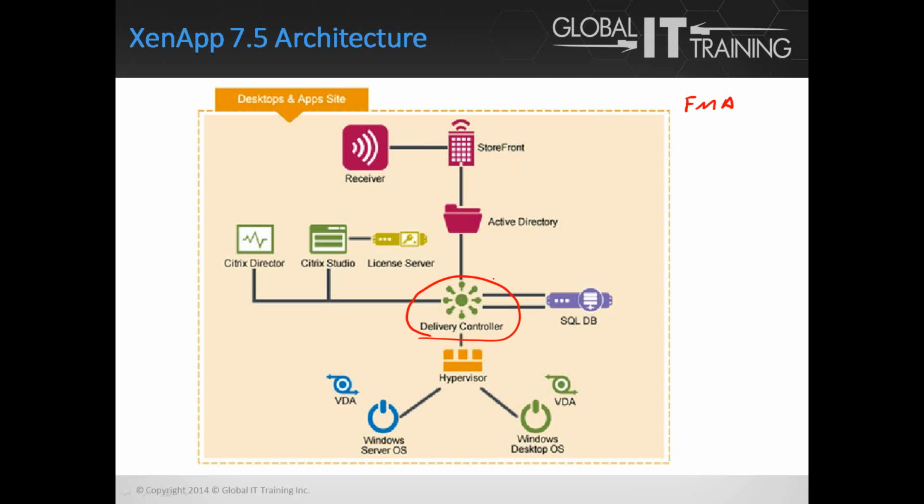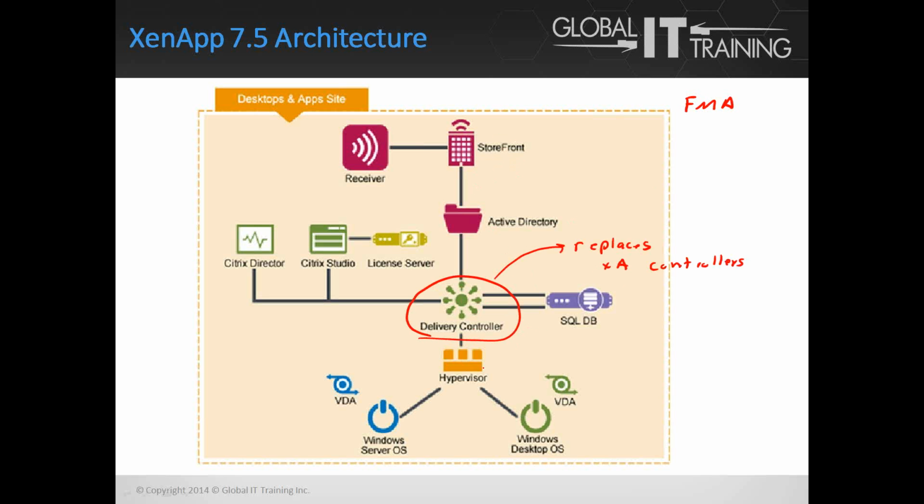This delivery controller replaces your XenApp controllers. The difference is that with your delivery controllers, you only need one or two in most environments because your users will never be connecting up to the delivery controller.